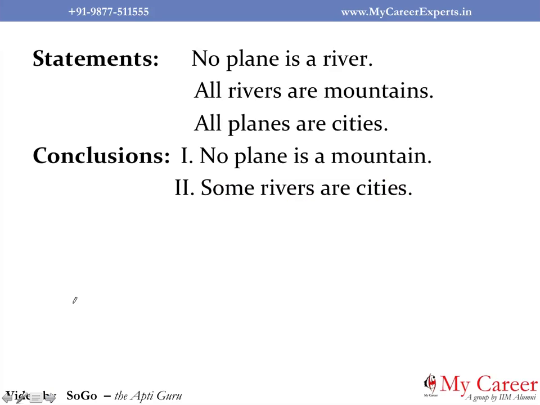Now as you can see, we have 3 statements and 4 variables. So we will have 3 circles coming together.